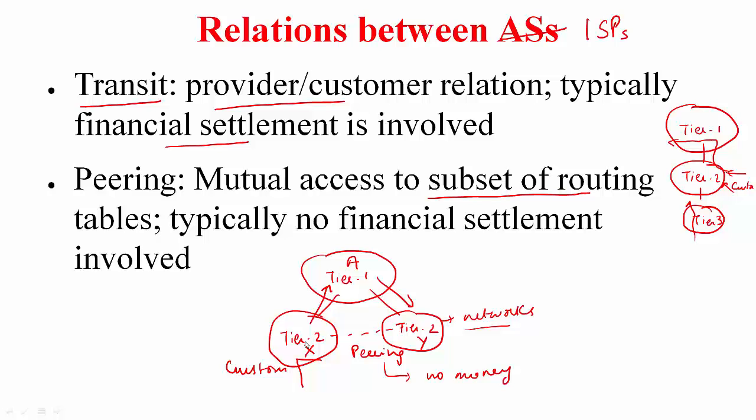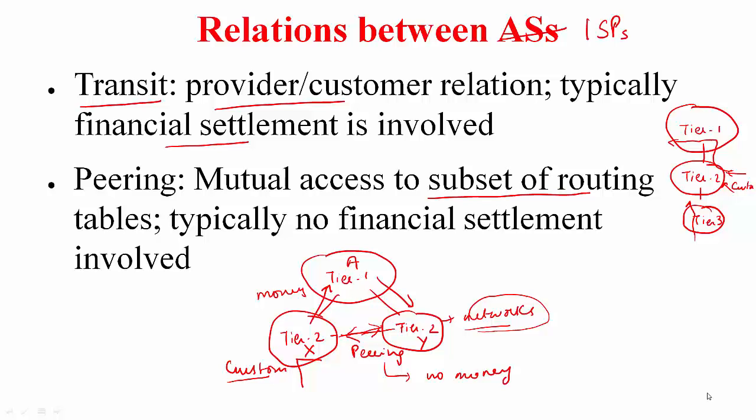In which case both X and Y, the tier 2 ISPs, are paying money to tier 1 to do this job. However, if tier 2 ISP Y told X that if you have traffic corresponding to these networks, you send them to me, and if I have traffic corresponding to your customers, I will send them to you. That way we don't have to spend money paying this tier 1 ISP A.